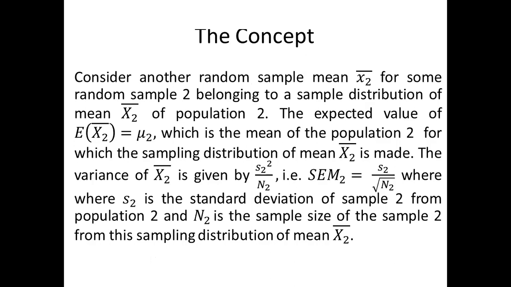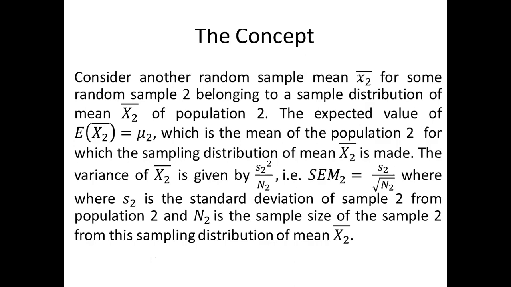Likewise, we can have another random sample mean x2 bar for some random sample 2 belonging to a sampling distribution of mean capital X2 bar of population 2, and definitely the expected value of this sampling distribution of the mean will give us the mean of population 2.